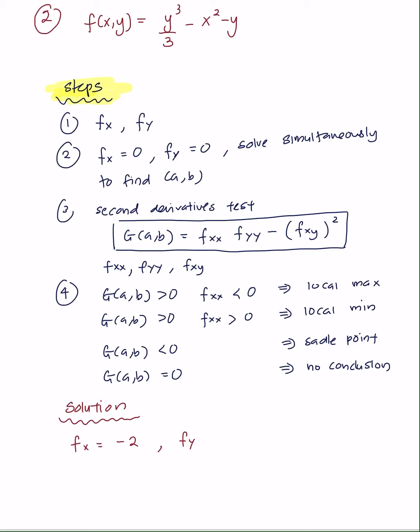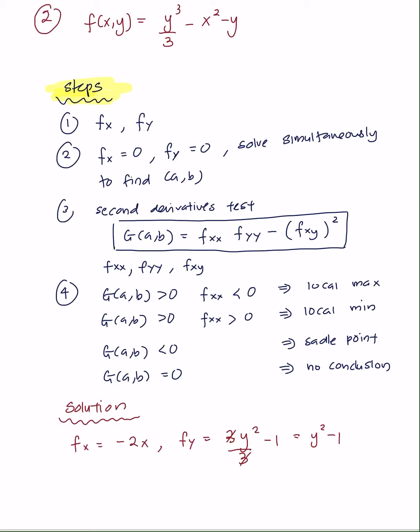Sorry, it is minus 2x. Okay, so fy is 3y squared over 3 minus 1, so basically it will cancel out. This one will be y squared minus 1.